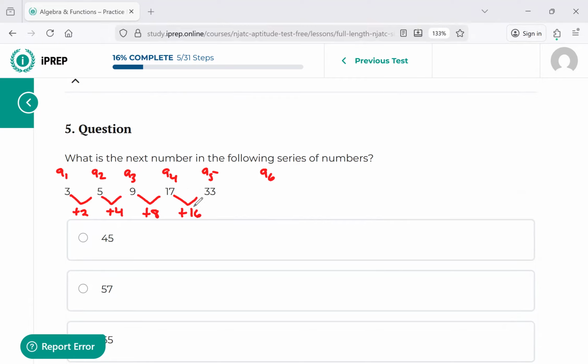It looks like the common difference isn't consistent, but there is a pattern. You are technically doubling your common difference.